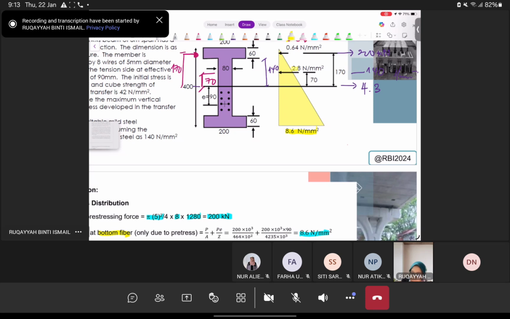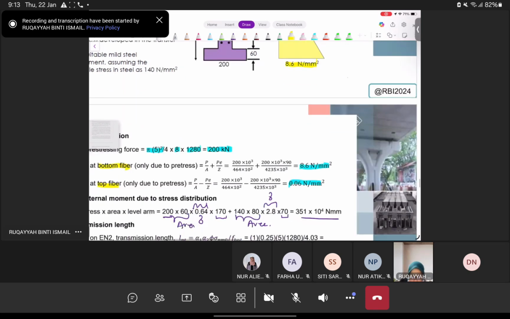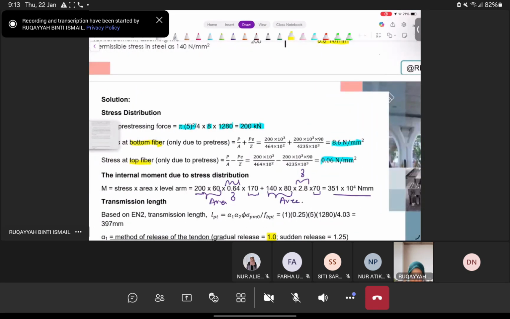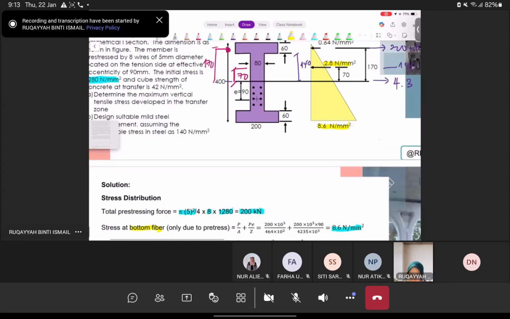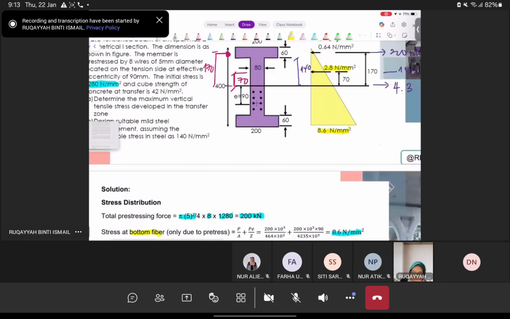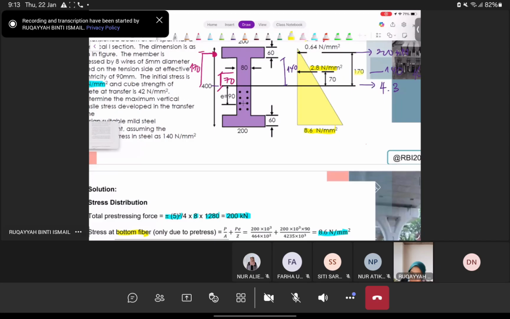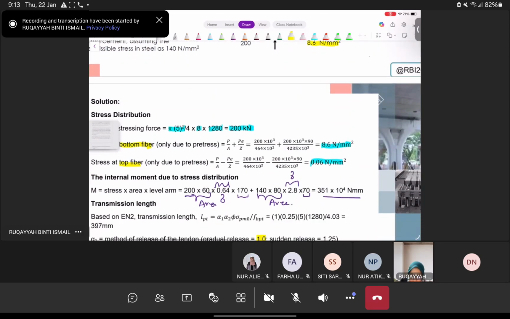So you have, for example, you get this 2.8, which means you have stress multiplied with the area multiplied with the lever arm. The lever arm will be taken into consideration as 170. Okay, so this is 170. So we have 200 times 60 as the area. Okay, so 0.64.